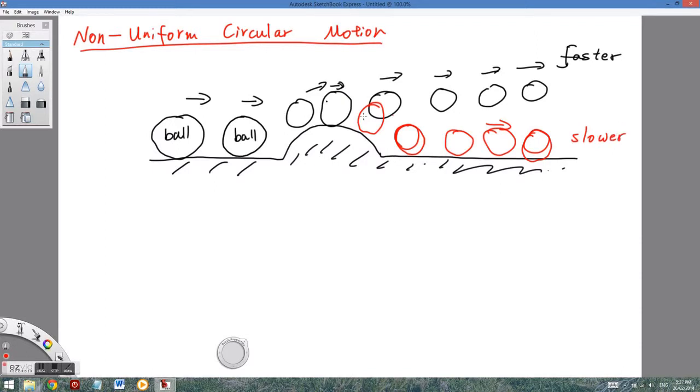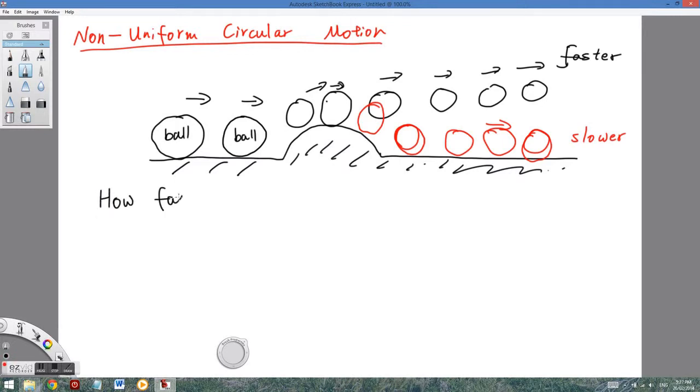Now the question here is, how fast can I roll the ball so it starts to fly after passing through the hill? That's the question here.